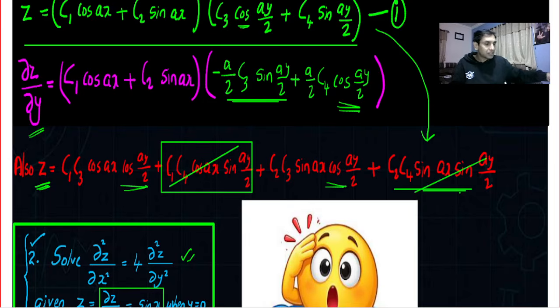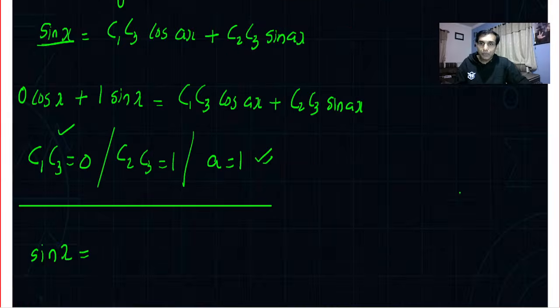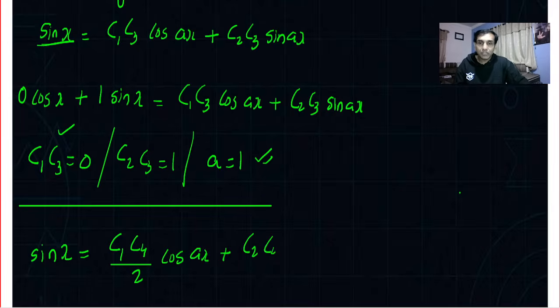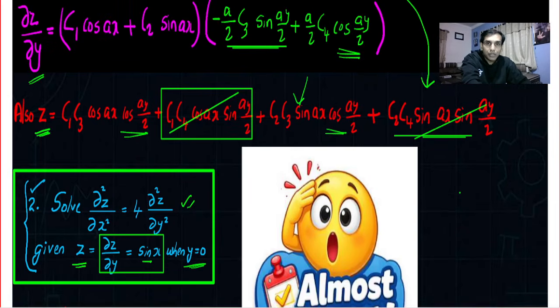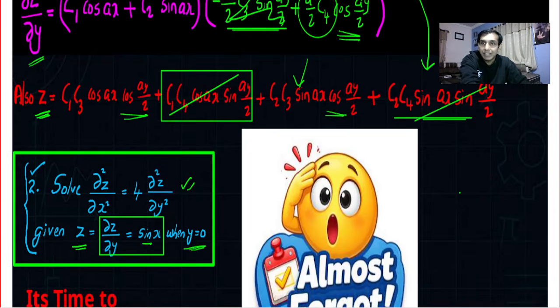So I am going to get sin x equal to c1 c4 divided by 2 cos ax plus c2 c4 divided by 2 sin ax. You think about it. Because what I did is I am plugging in y equal to 0 into the partial derivative, not here, not here, here. So this will become 0, this is gone, and this will become 1, and I'll be left with a by 2 c4, and I multiplied that a by 2 c4 inside the bracket.